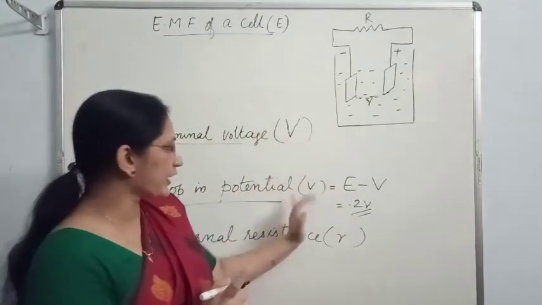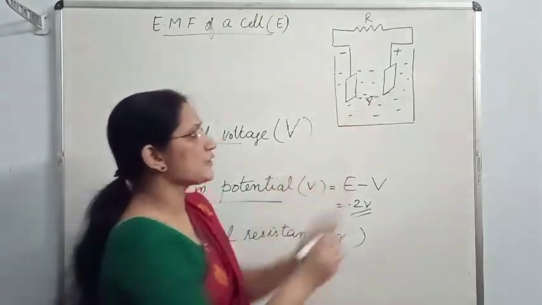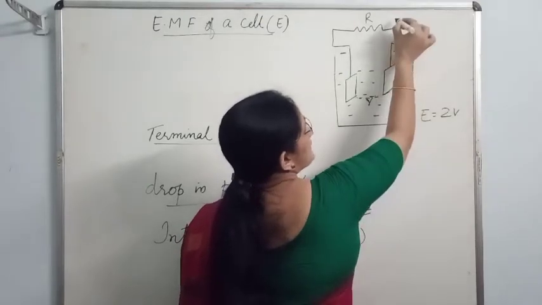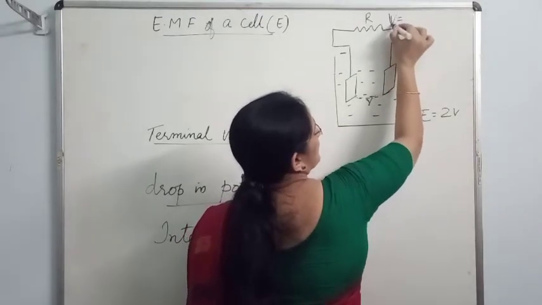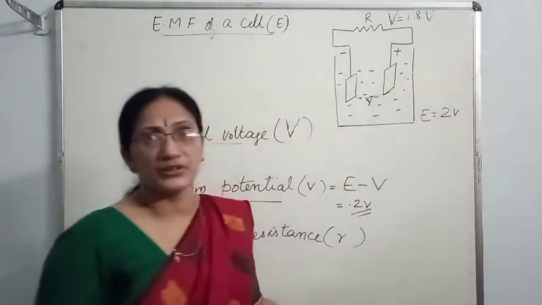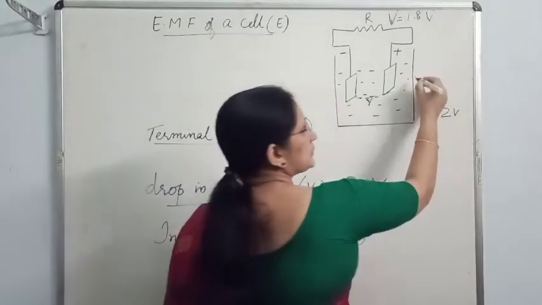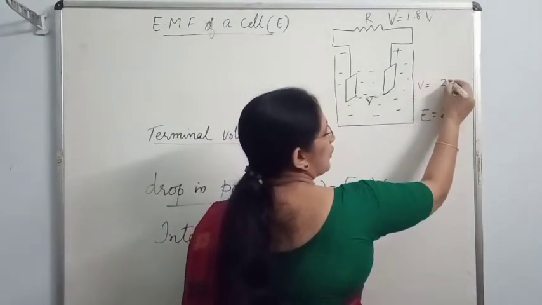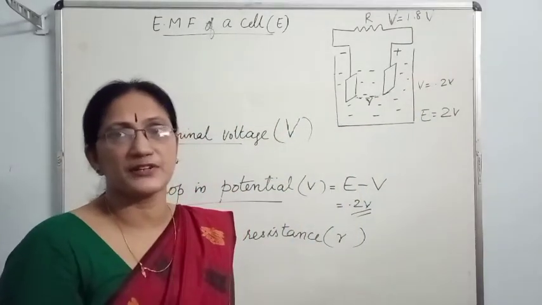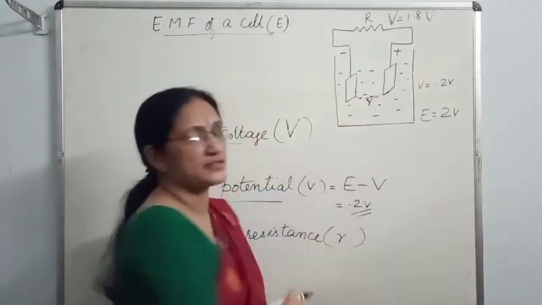Now let us go back to the drop in potential. This cell has an EMF of 2 volt, but it provides a potential difference, a terminal voltage, of 1.8 volt only to the external resistance. The reason is that the remaining 0.2 volt, the difference of E and V, which we call drop in potential, is given to this internal resistance.